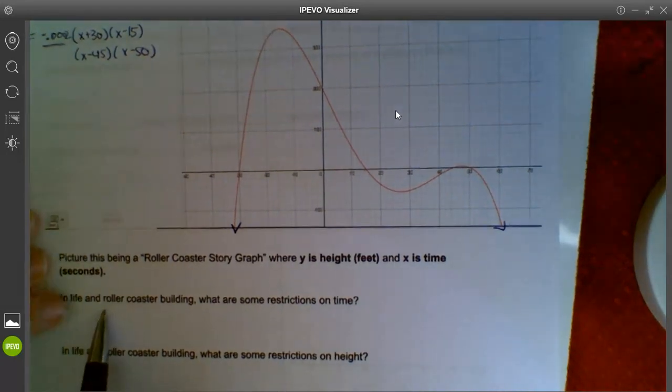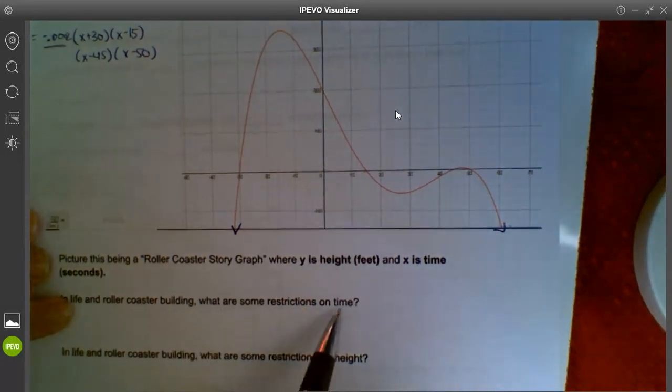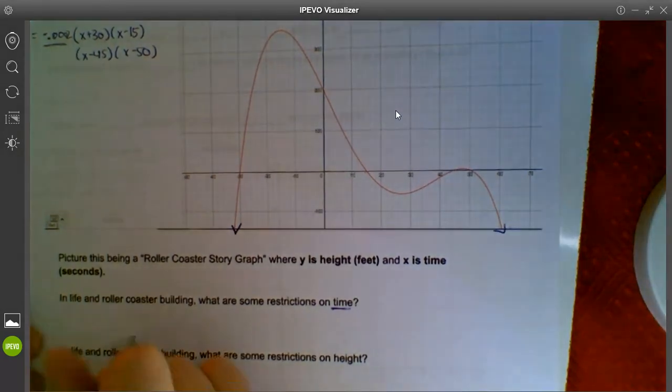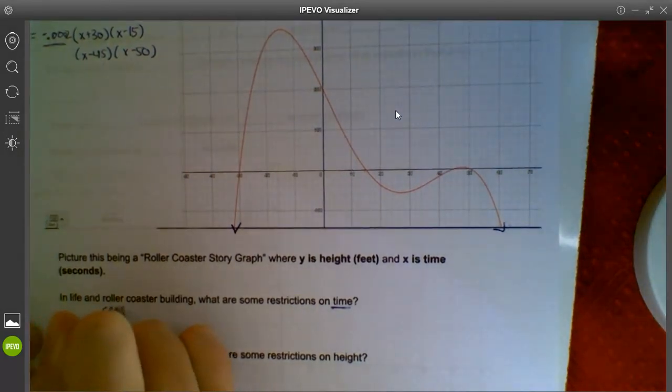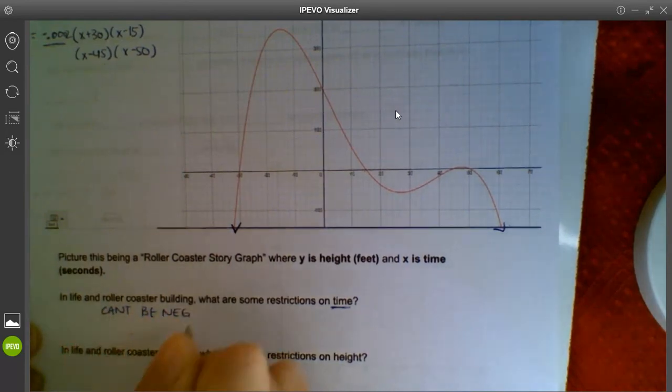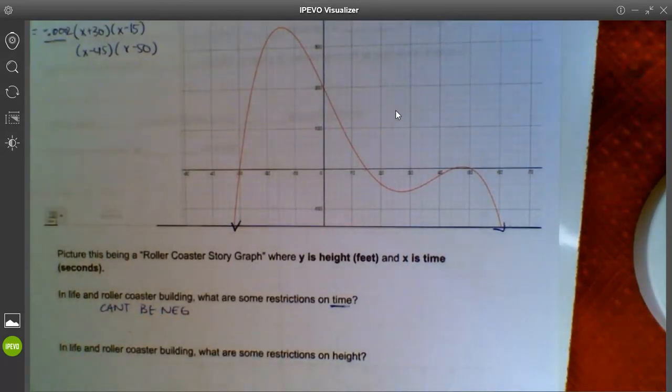In life and roller coaster building, what are some restrictions on time? Take a moment, think to yourself. All right, hopefully you had a good think. Well, time can't be negative. You can't say I ran a negative 30-second mile.